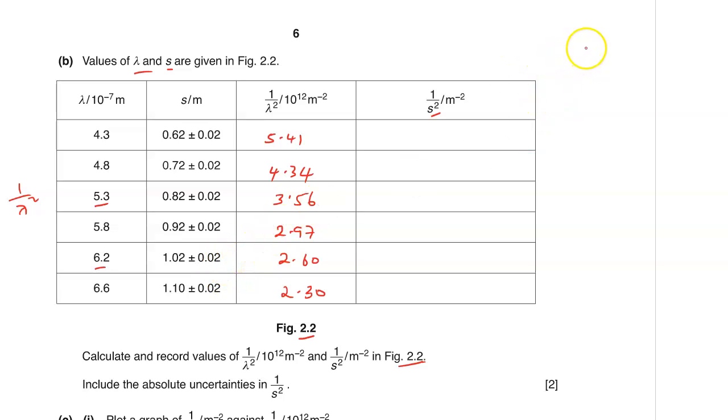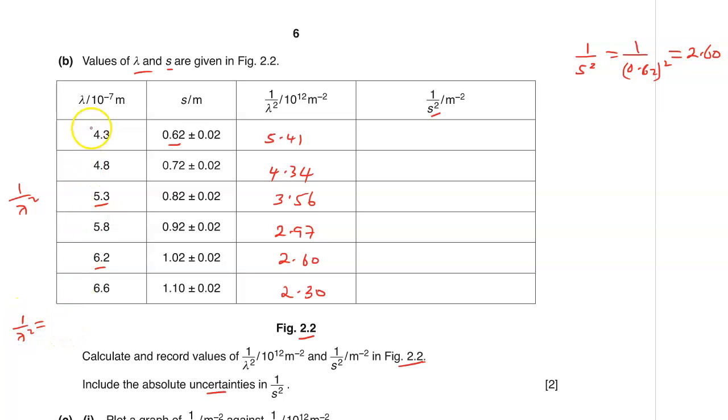Now, we go to the values of s, and you can see that the s's have got their reciprocals there. So basically what you need to do is 1 over s squared. We take this value: 1 over 0.62 squared. From my calculator this gives 2.6. Now, let me show you for lambda first.